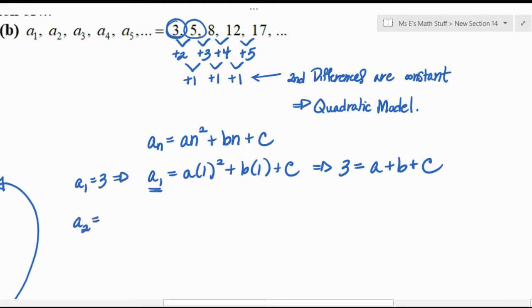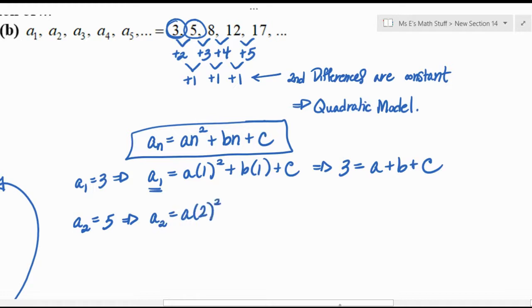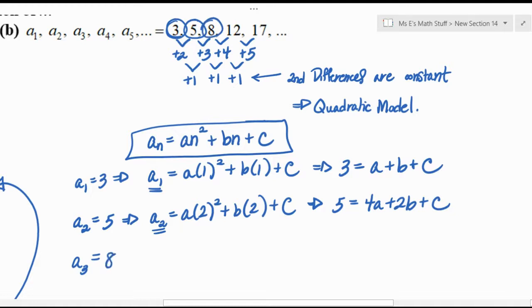So a sub 2 would be 5. And so if you go back to this general model here and put 2's in for all the n's, that would yield a sub 2 is 5, so put a 5 there, and then simplify the right side. And then a sub 3 is 8.